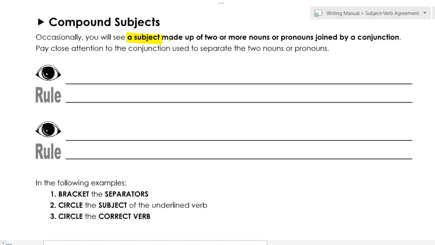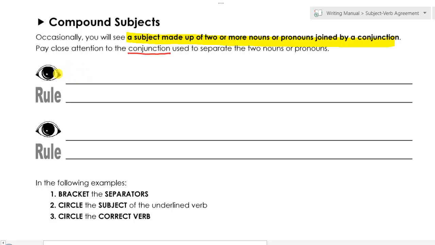Well, the definition is right here. A compound subject is made up of two or more nouns or pronouns joined by a conjunction. The conjunction that joins the two subjects is going to be the key to determining whether your subject is singular or plural, and what verb you need.